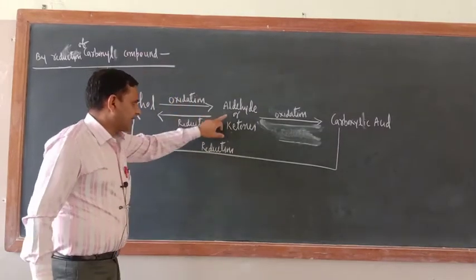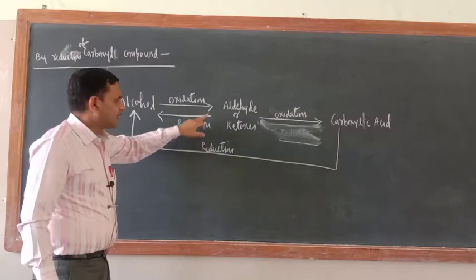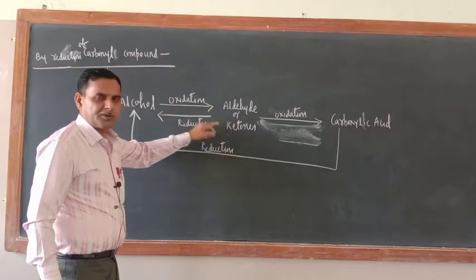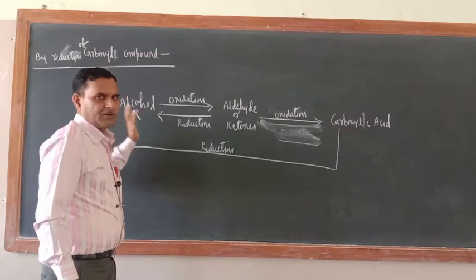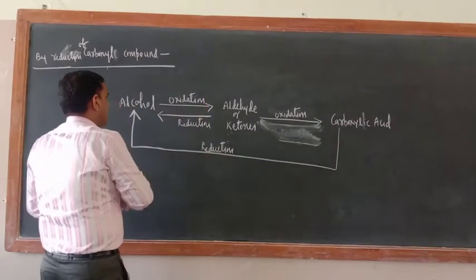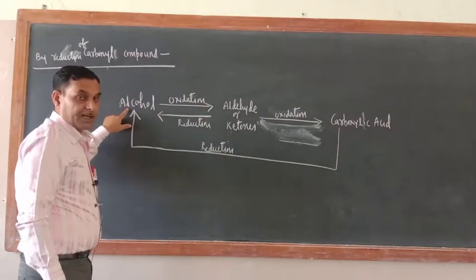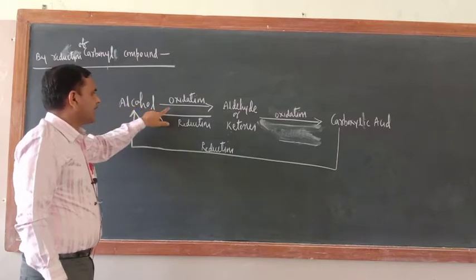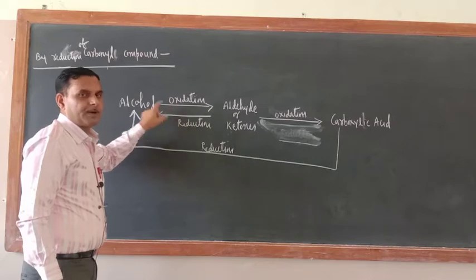If you are subjecting aldehyde and ketone to reduction, that is the chemical property of aldehydes and ketones, but that is the method of preparation for the alcohol. So right now we will come from this side to this side, but when I teach alcohol, its chemical property, then I will teach the oxidation, because that will be the chemical property of alcohol.